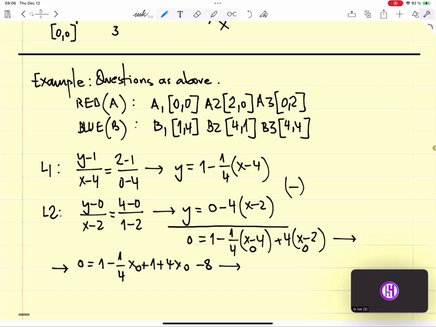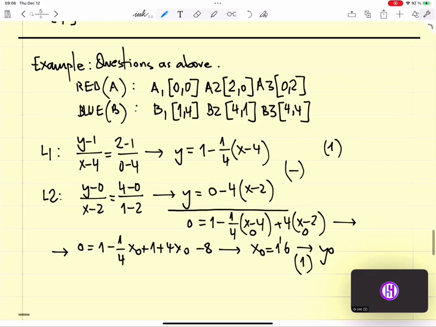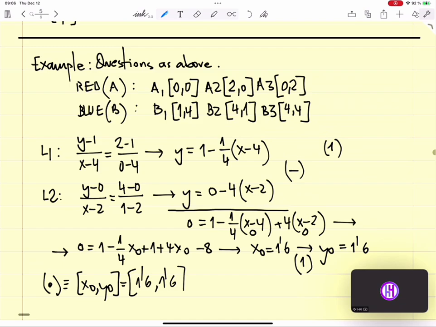This yields x0 equal 1.6, and this yields, if we put that into the first equation, y0 equal 1.6. So our point is x0, y0, 1.6, comma 1.6.